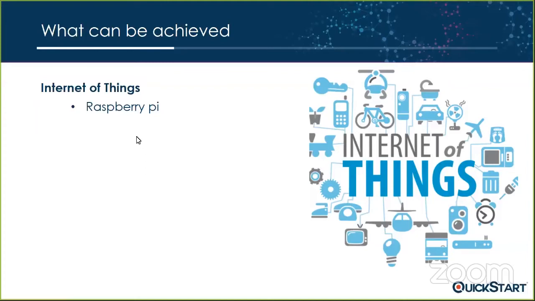It was originally introduced as a microcomputer, and the objective was to teach children coding. They could also break these kinds of devices, and because it is very cheap, we could simply purchase another one. So that was one of the advantages.